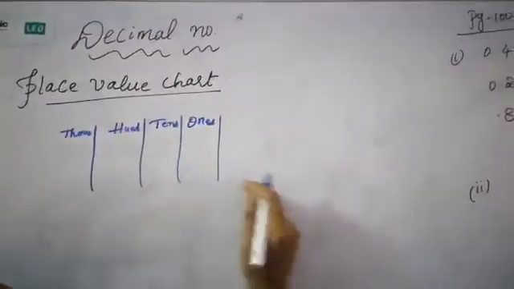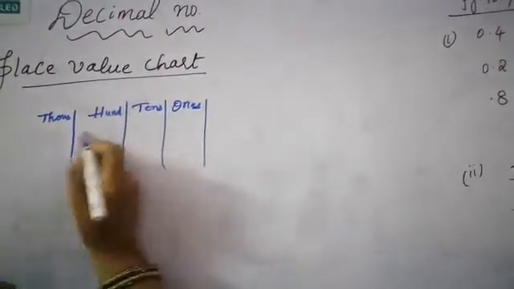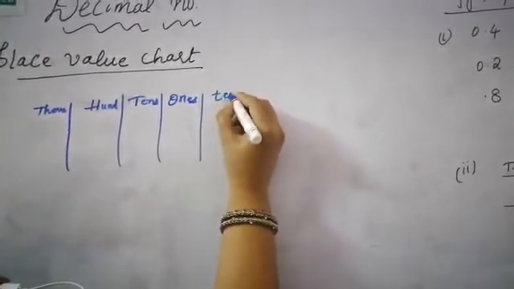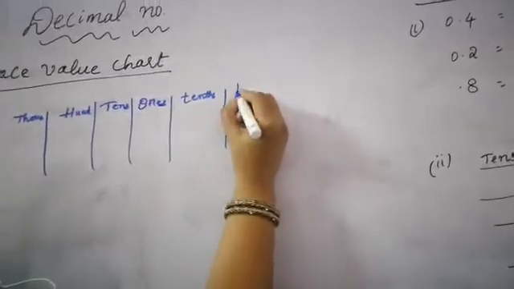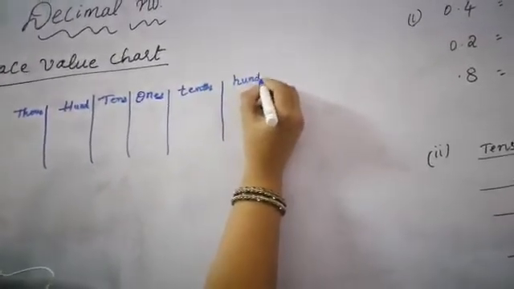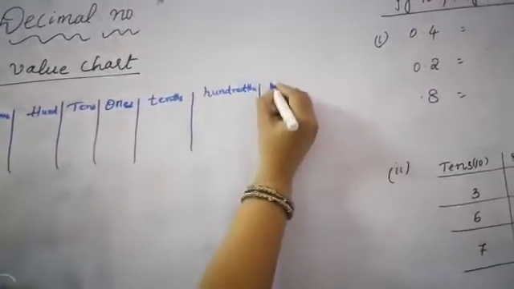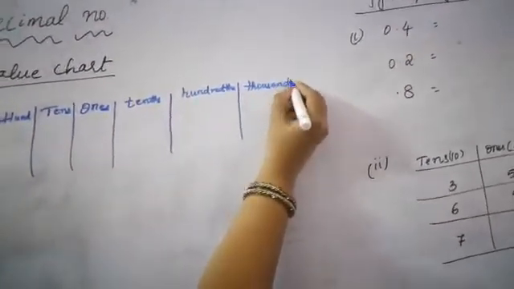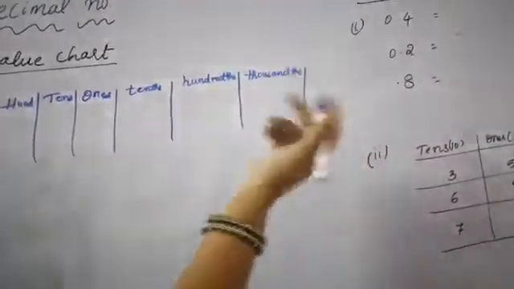Here, when you're moving to the right side, ones will be common for both children, the whole number part and the decimal part. Then tenths, hundredths, thousandths.